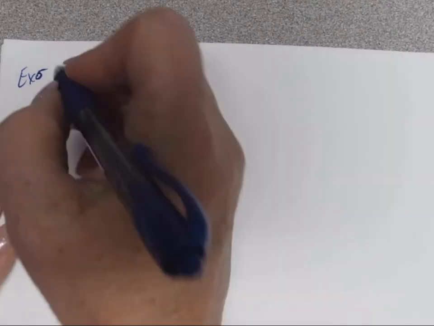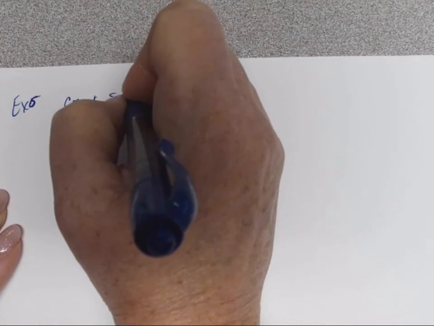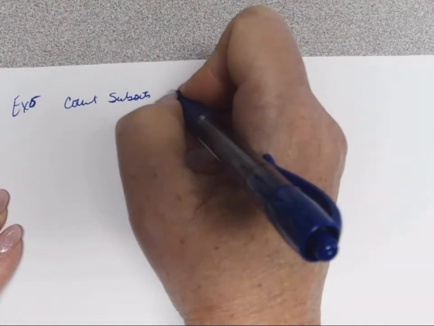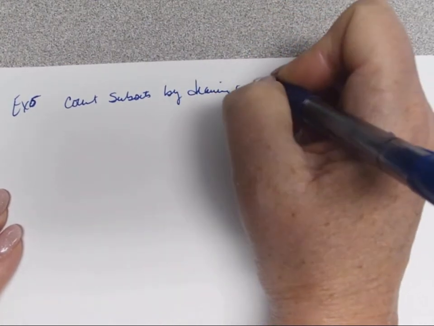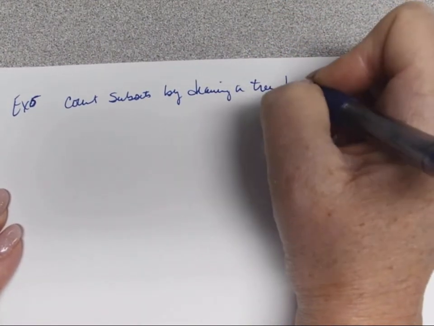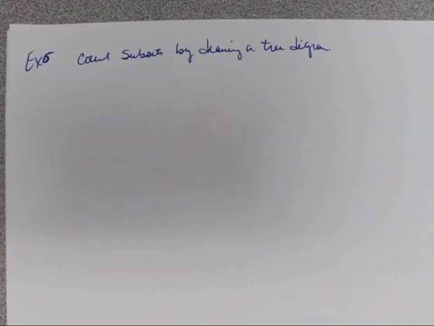So example 6: we're going to count subsets by drawing a tree diagram, kind of like what we've done before.